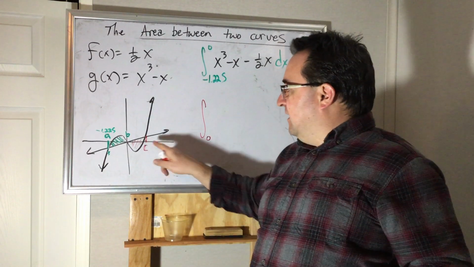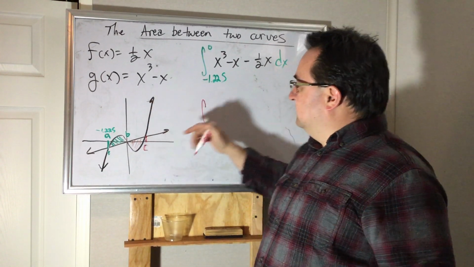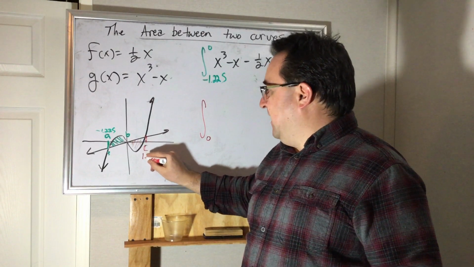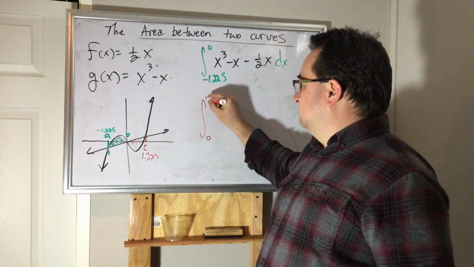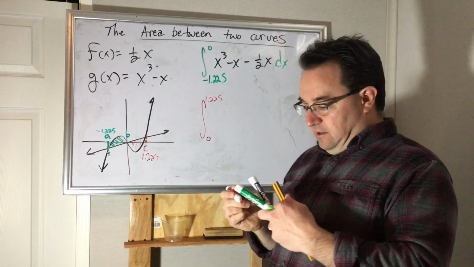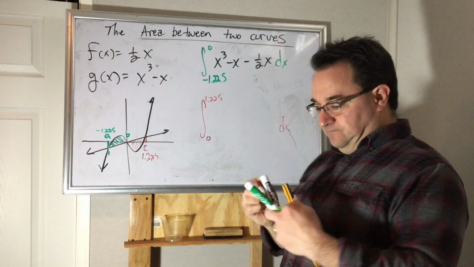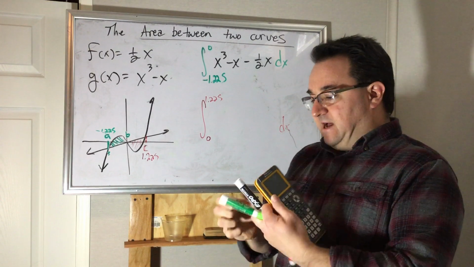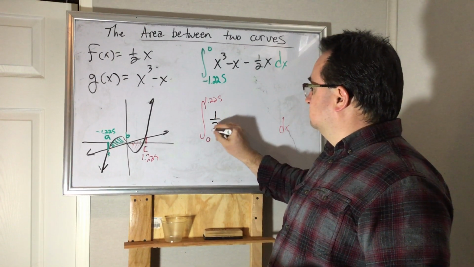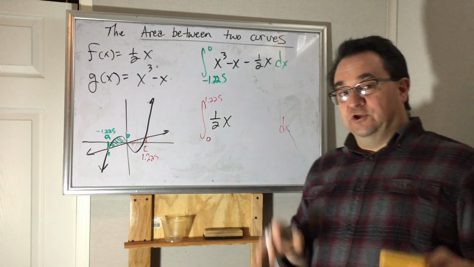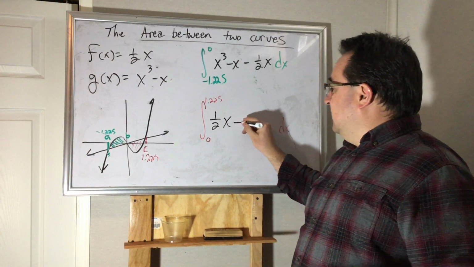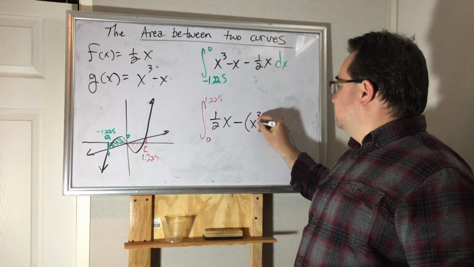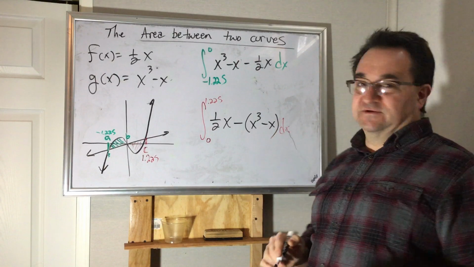And when I do that, I get that C value, and it does in fact turn out to be positive 1.225. And I'll put my dx in. But in this case, the line is on top, and the cubic function is bottom, and that has two terms, so you better put that in parentheses.